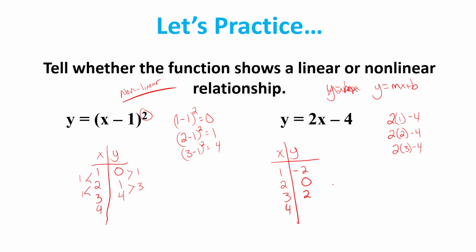Minus 4 is 2. 2 times 4 minus 4. 2 times 4 is 8. Minus 4 is 4. I'm noticing we have constant change here of 1 because we have equal intervals. I chose the equal intervals on purpose so that we wouldn't have to do a whole lot of work on that right side. On the left side, we're increasing by 2, increasing by 2, and increasing by 2. We have a constant rate of change.